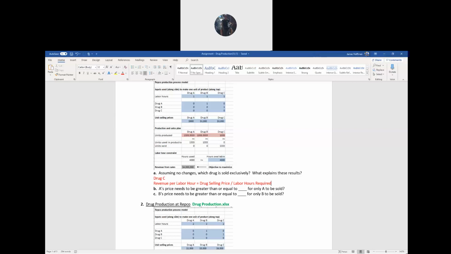When you sell it on the market, you get that revenue, and there's no profit calculation here. It's just revenue per labor hour. What you get selling it divided by how much labor goes into it determines how profitable that drug is. So let's do this calculation for drug C.